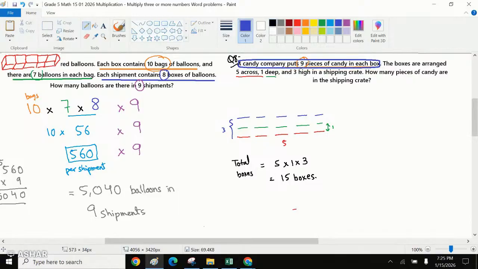So if there were 15 boxes, multiply by how many candies? 9 candies, right? So how many candies will be there altogether?